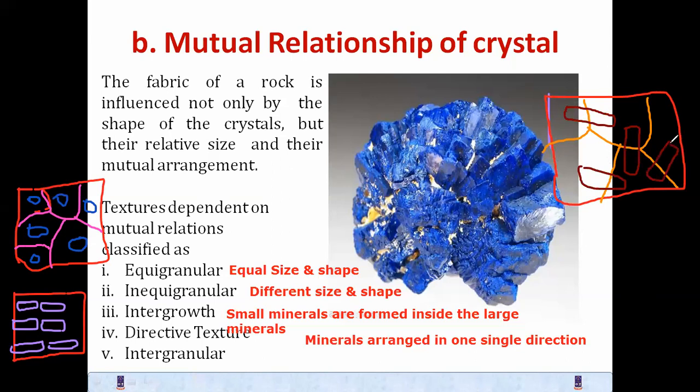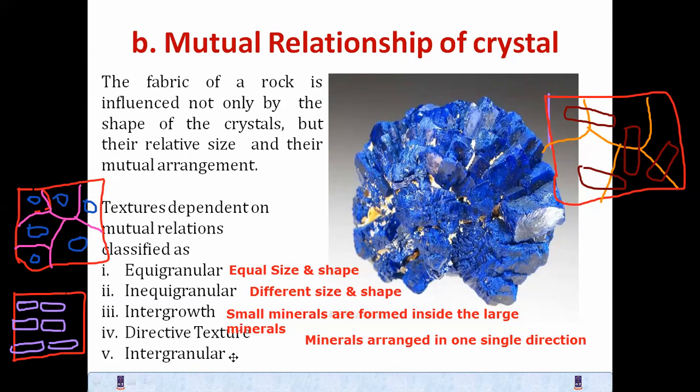Okay, so such a type of texture is considered as an intergranular texture, where secondary minerals are partly present in one mineral and partly present in another mineral. Such a type of growth of the minerals is considered as intergranular.